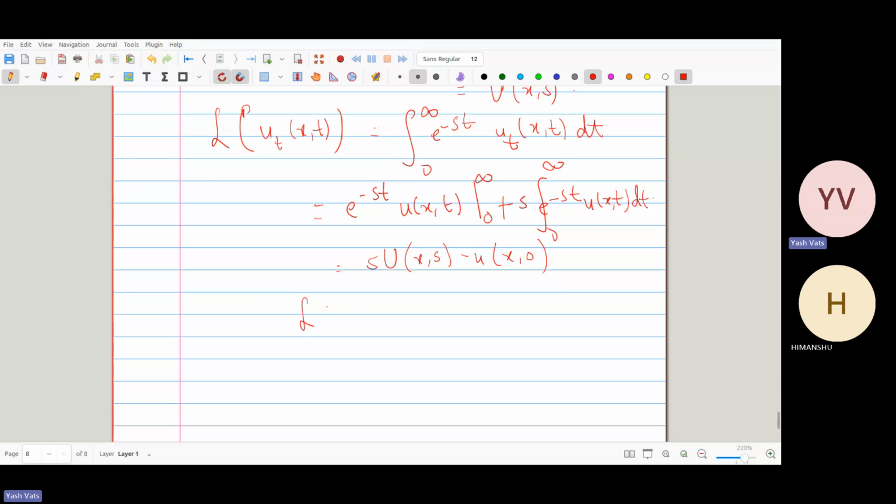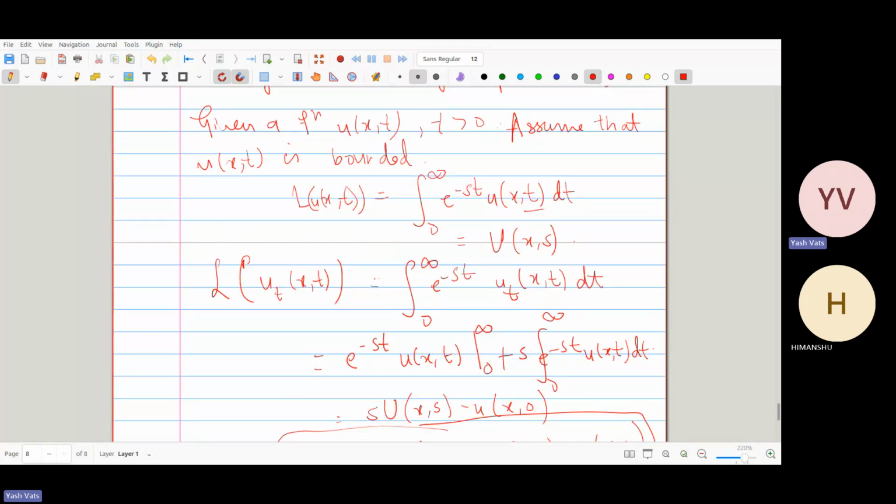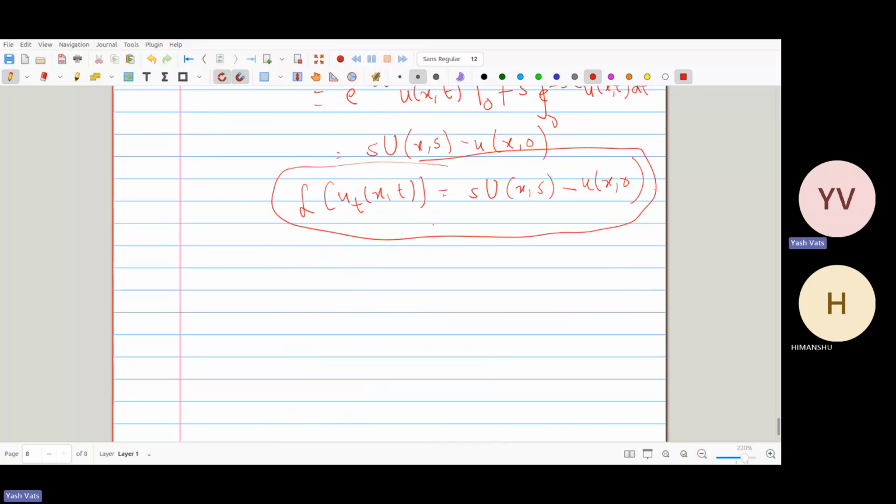That is L of u_t(x,t). And what is the Laplace transform of u_tt(x,t)? The double partial derivative of u with respect to t.